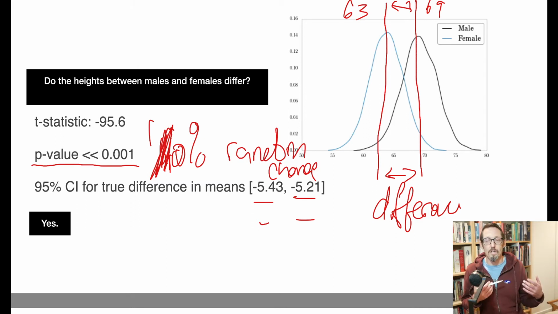These are the tools of checking whether A and B, where A is women and B is men, are truly different or whether they're actually the same thing, but just by chance, just by the random roll of the die, they look different. That is the question.